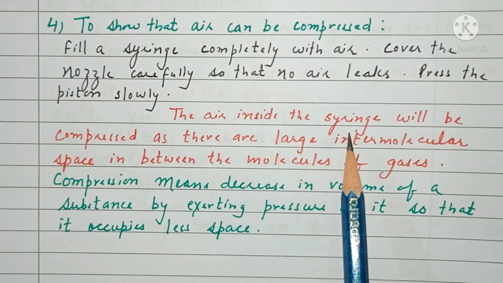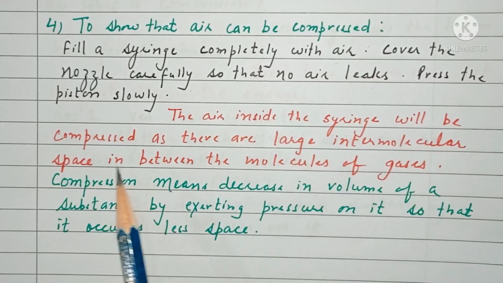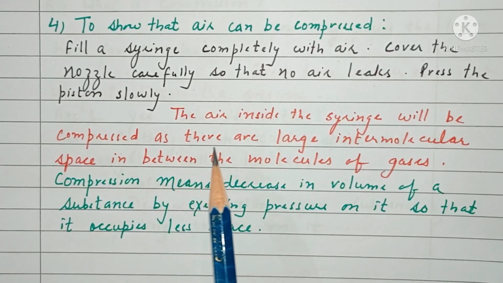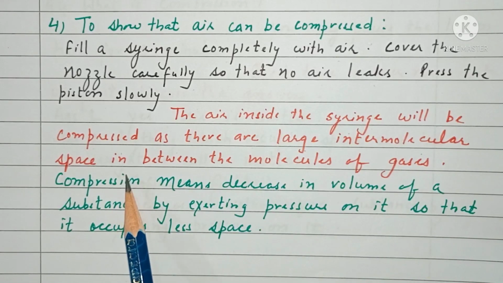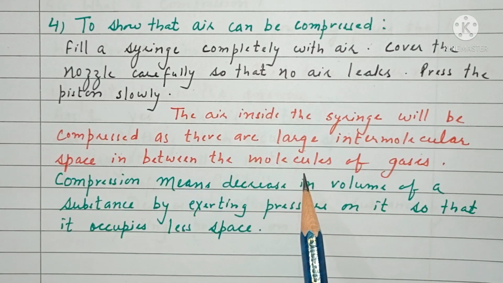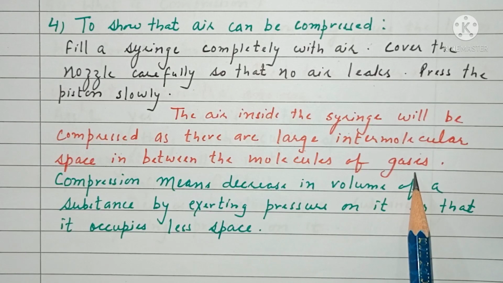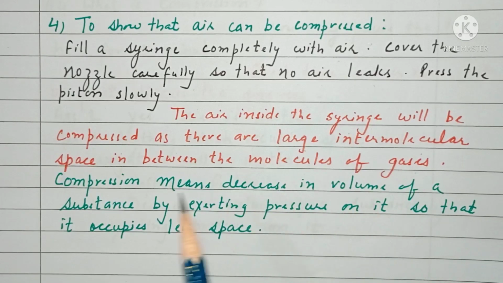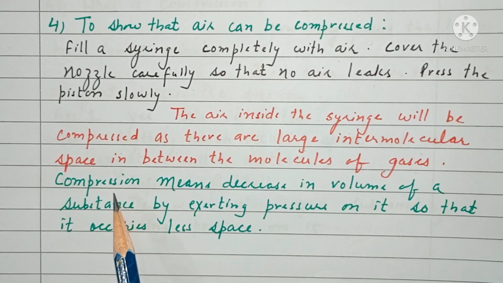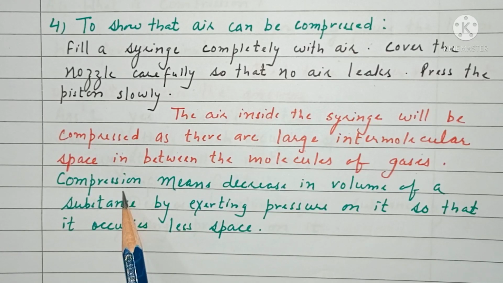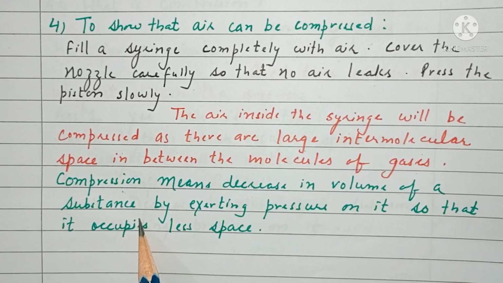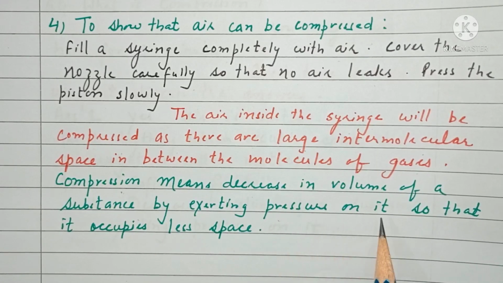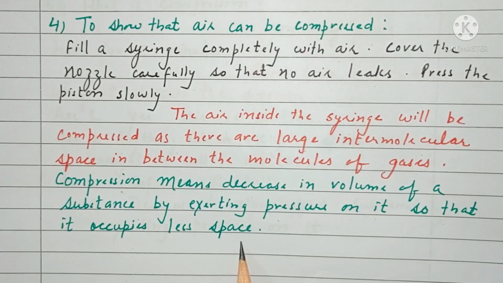The air inside the syringe will be compressed as there is large intermolecular space between the molecules of gases. So here I would like to introduce you to the term compression. What is compression? It means decrease in volume of a substance by exerting pressure on it so that it occupies less space.